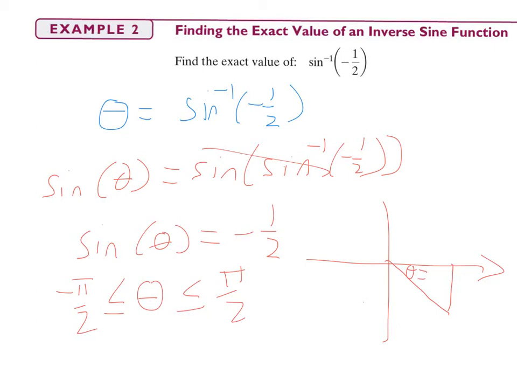But since it's in the fourth quadrant, the angle that is 30 degrees below the x-axis would be at 330 degrees, like all the way around here, or I think that'd be 11 pi over 6. You can check your unit circle to make sure, but I'm pretty sure it's 11 pi over 6, or 330 degrees.